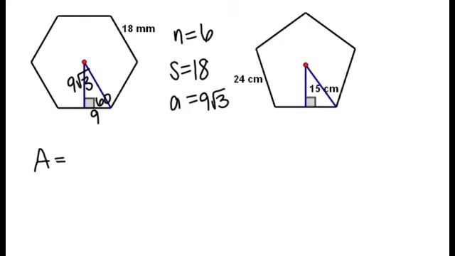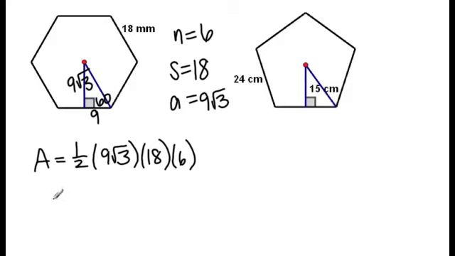Use our area formula: 1/2 times 9 radical 3 times 18 times 6. Using some mental math, we get 486 radical 3 millimeters squared.